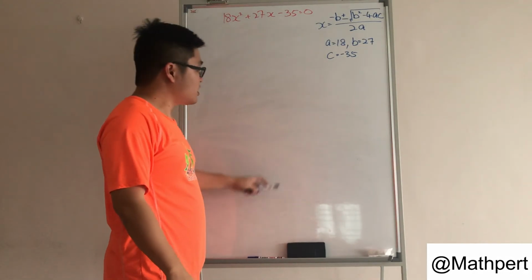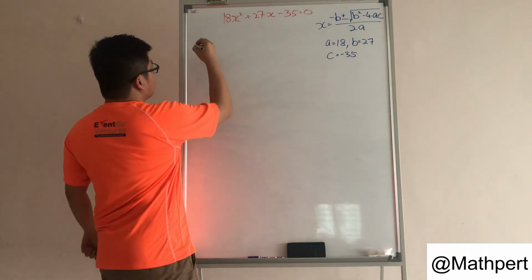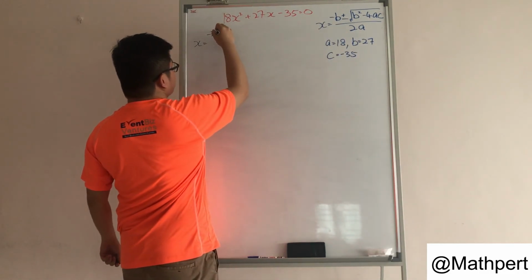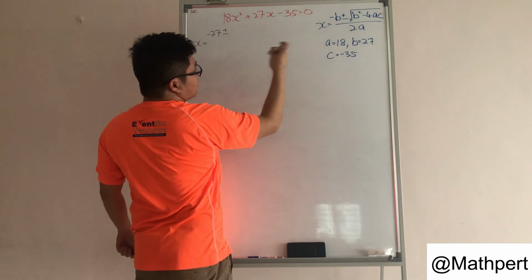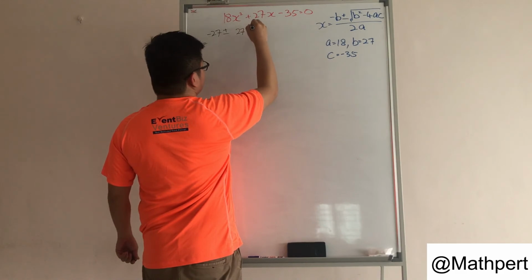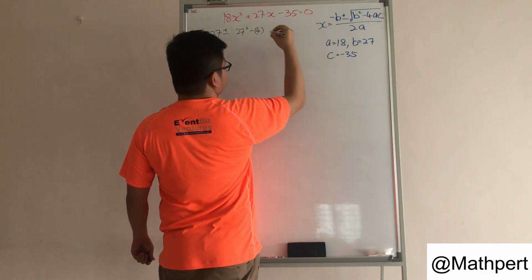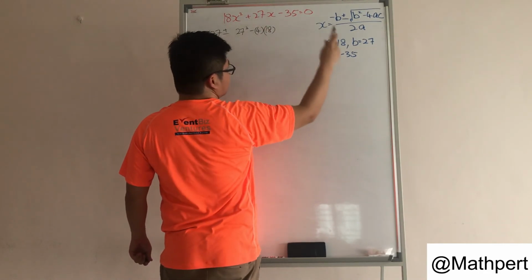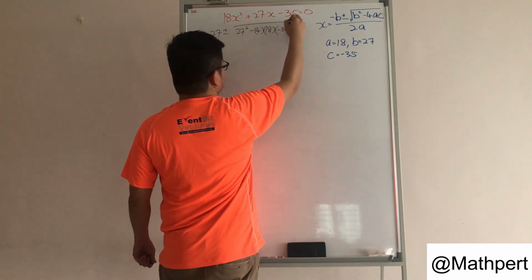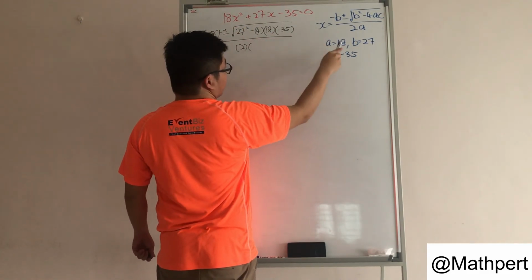So now we substitute all the A, B, C into this formula. We get x equals negative b, negative 27, plus minus the square root of b squared, so 27 squared, minus 4, a is 18, c is negative 35, divided by 2a, A is 18.